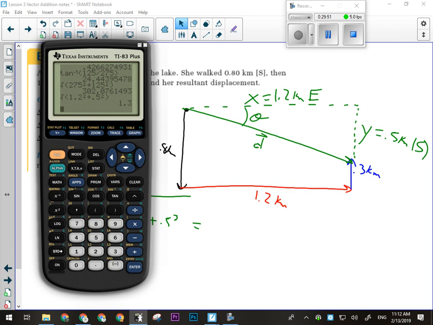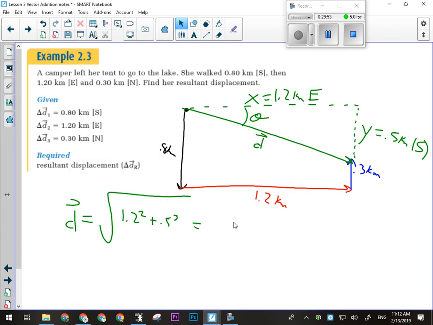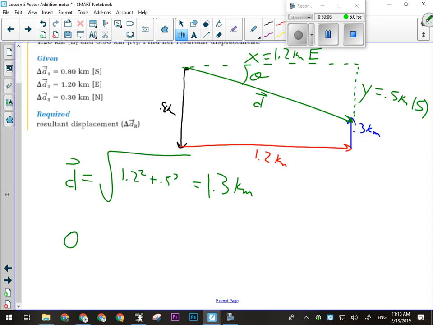So we're getting 1.3 kilometers. Her total displacement is 1.3 kilometers from where she started. But now I also need to know what direction that's in. So theta is going to be opposite over adjacent, so that'll be tan to the minus 1 of 0.5 divided by 1.2.